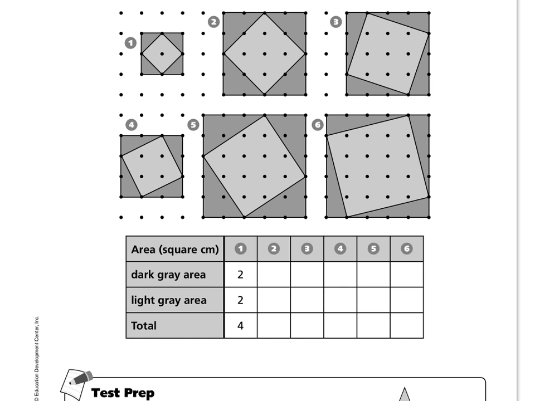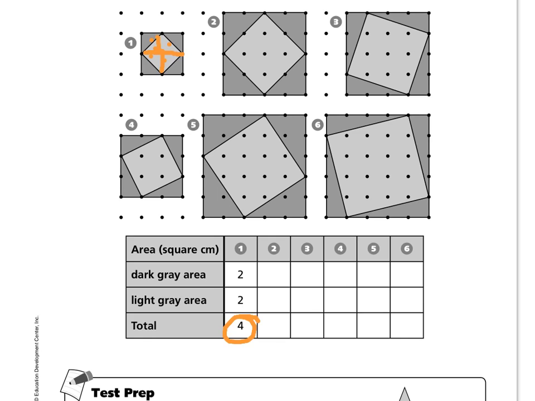So if you look, you can tell in number 1 that there are 4 pieces altogether. And they already have on the board for you 4. Now, you need to make sure that you know how many gray and how many dark gray there are. So if you look, you can see that they have cut them into little triangles, and you have 4 little triangles. 2 triangles equals 1 full square.